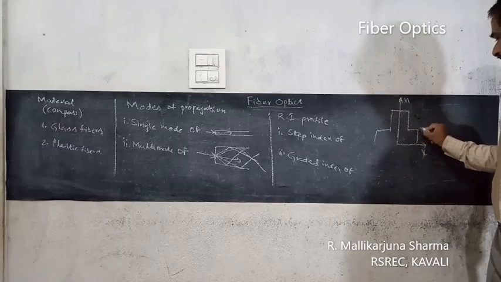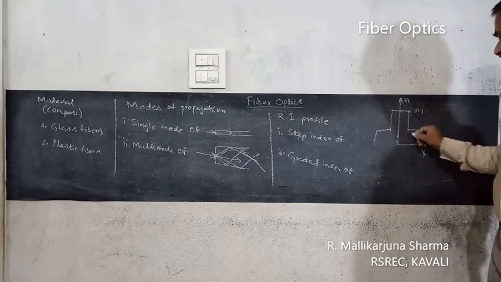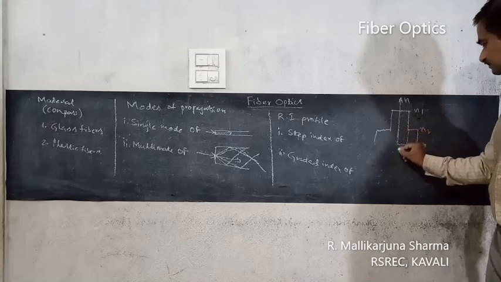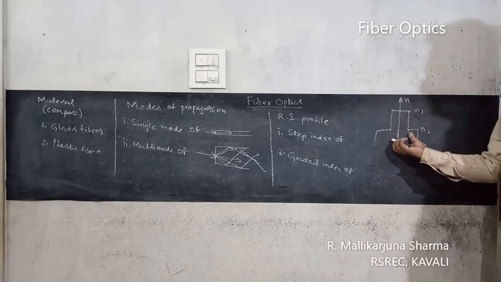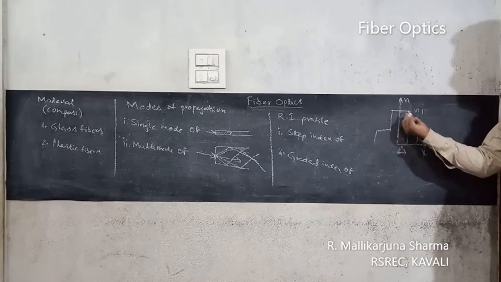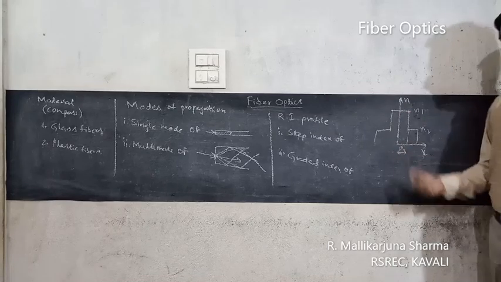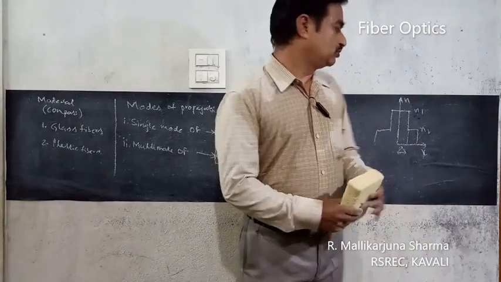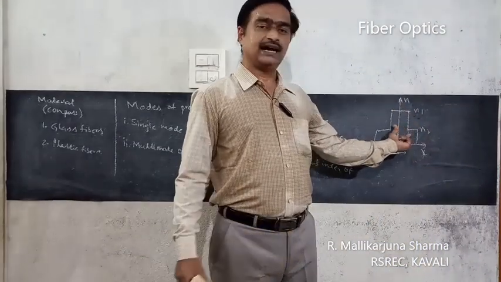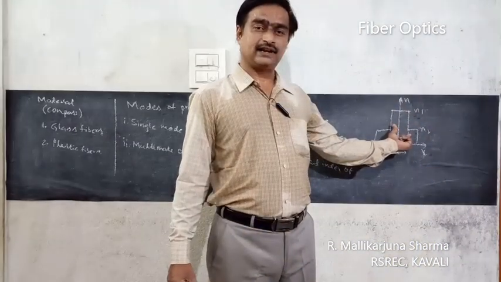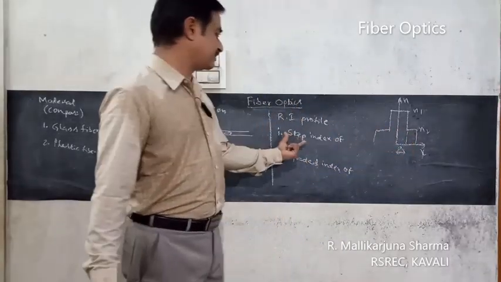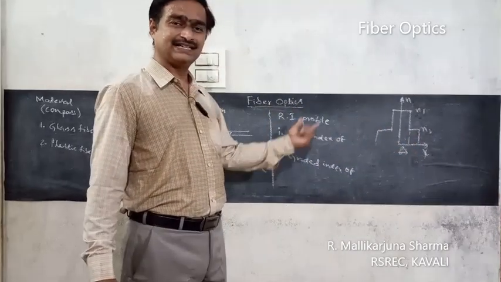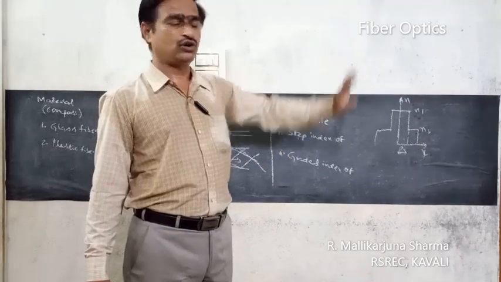Then this is N2, this is N1, this is A, the diameter of the core. Then the refractive index changes from N1 to N2 in a single step at the boundary of the core. That type of optical fiber is called step index. In a single step, it changes from N1 to N2.